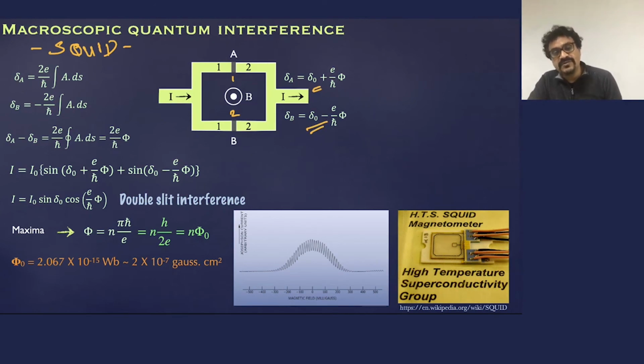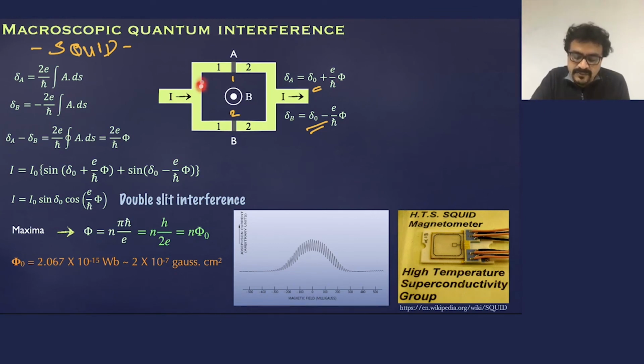Now you also have a phase that we learned from the Aharonov effect, that is an AB phase that depends on the magnetic field. Okay, and that is of this form, 2e by h bar A dot ds, for the full travel around the ring. And A dot ds gives phi, the flux enclosed in this ring.